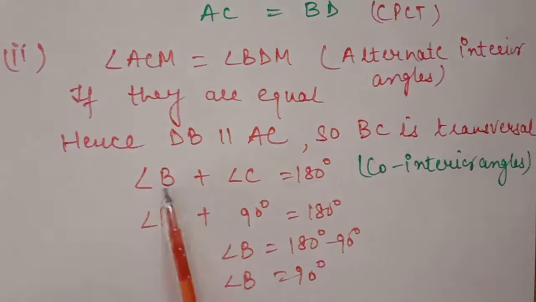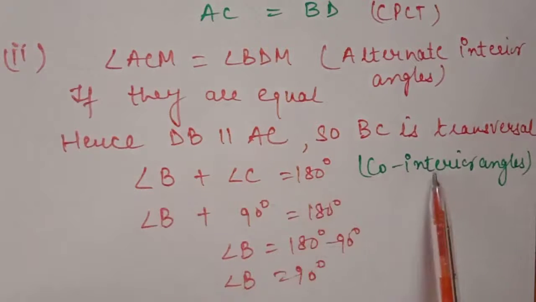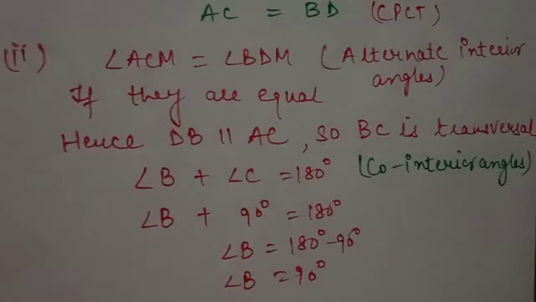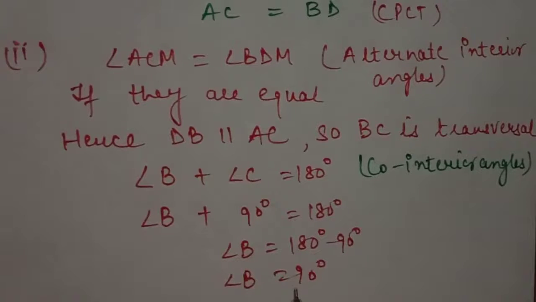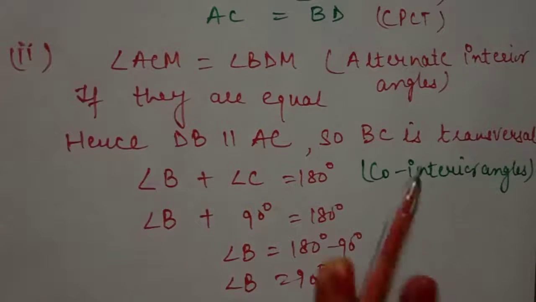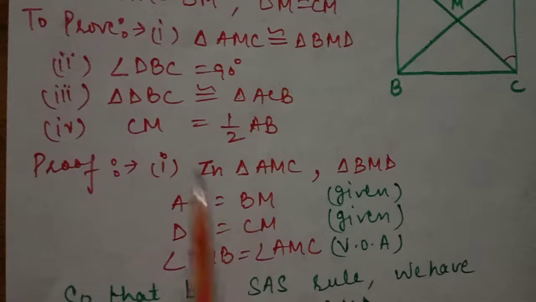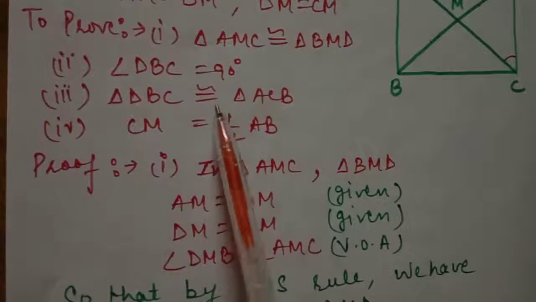BC is the transversal. So angle B plus angle C is 180 degrees because of co-interior angles. Then we put in angle C. So the value of angle B is 90 degrees. Second part is proved.